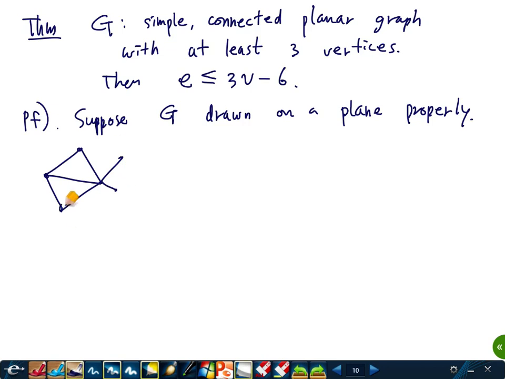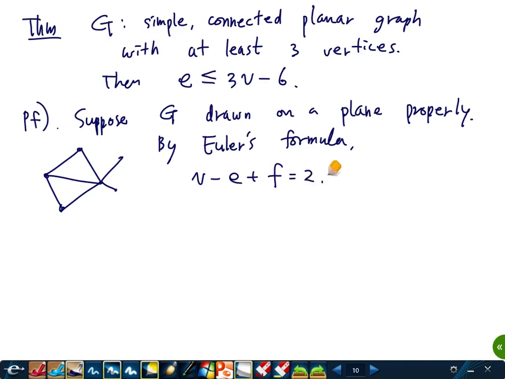And by Euler's formula, because G is planar and drawn without crossing edges, you can apply Euler's formula. By Euler's formula, we have V minus E plus F equals 2, where F is the number of faces. So far, simple.